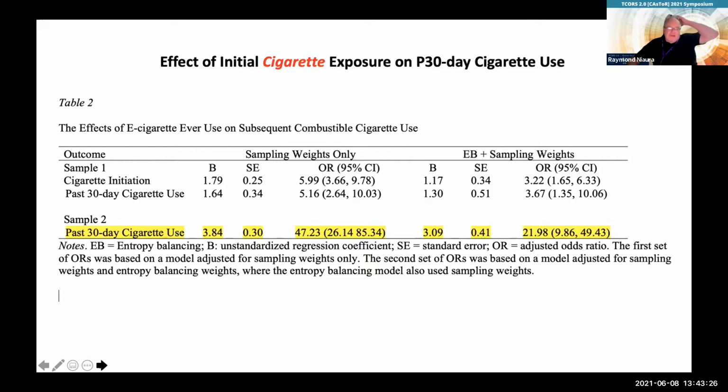You see an odds ratio of 47.23, which decreases to 21.98 after entropy balancing. That just tells us that if a tobacco-naive person starts using a cigarette first, then they're more likely to report past 30-day smoking a year later.